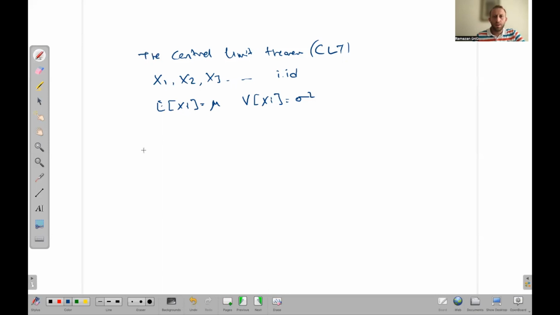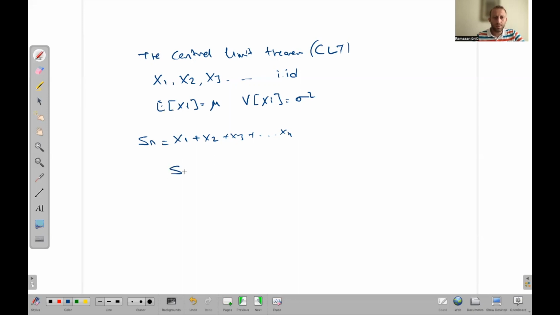The central limit theorem says that Sn, which is equal to X1 plus X2 plus X3 up to Xn, so we just take n of those given random variables.